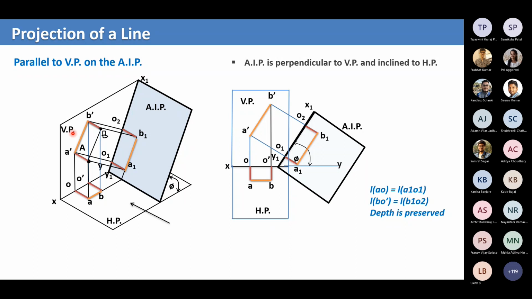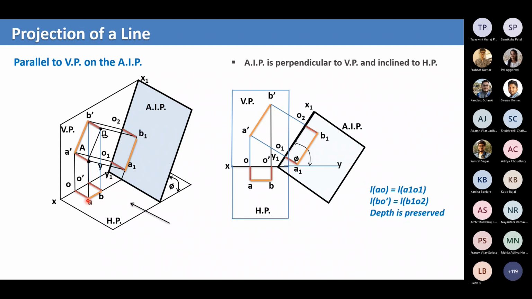So the preliminary point is that when you project this onto VP, you get the true length straight away, A dash B dash. And when you project it onto HP to get the top view, you get AB. You can see by just a glance that the original length is way more than the top view projection.